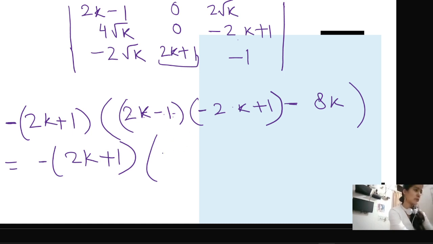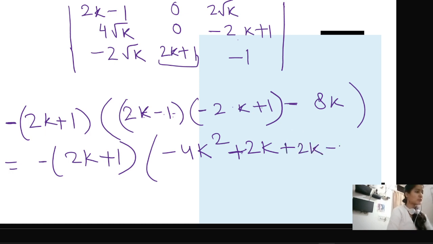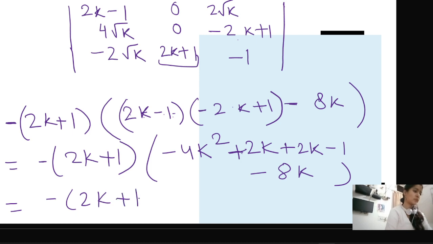2 to 4k minus 4k minus 4k square, okay, then minus 2k, and then plus 2k, minus minus plus will become plus 2k and then plus 2k and then minus 1 minus 8k. So from here we are getting 2k plus 1 and then minus 4k square.